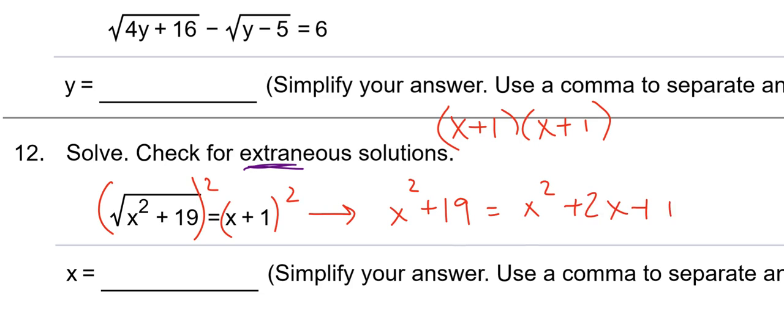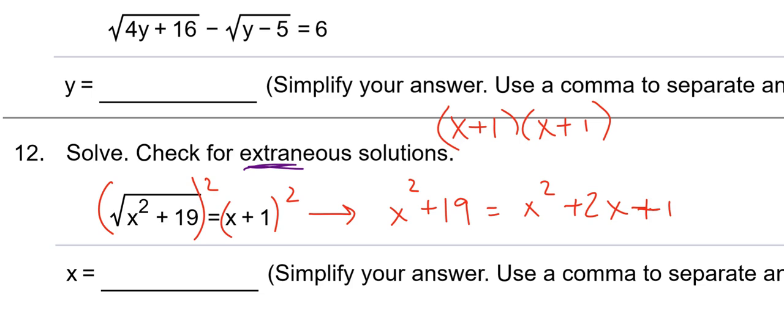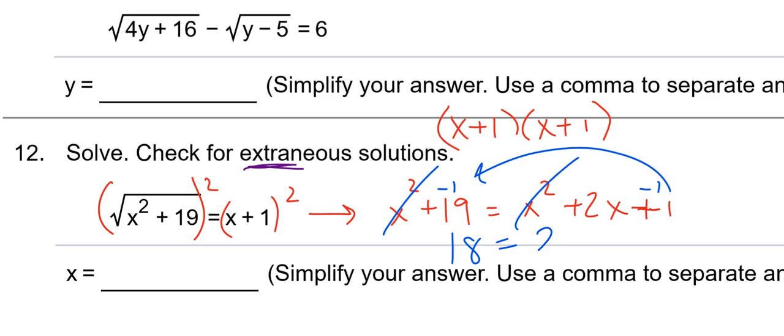Good. Do we notice anything on both sides of the equations that we can get rid of? Ah, the x squareds. This becomes a lot easier problem. I can now subtract 1 and get 2x equals 18.